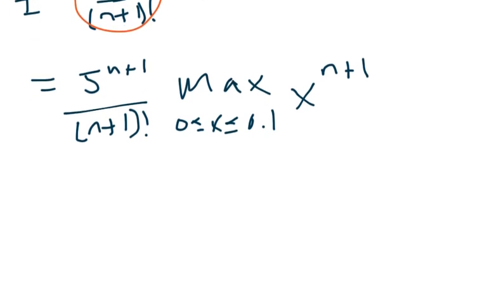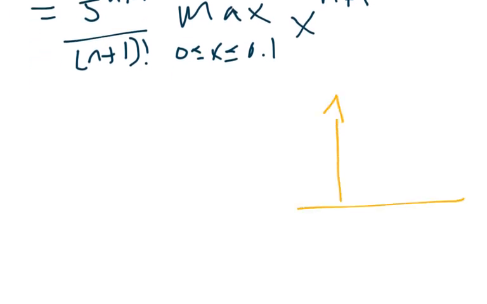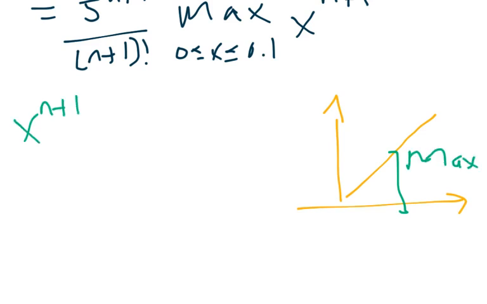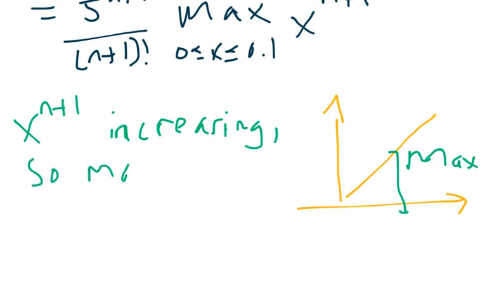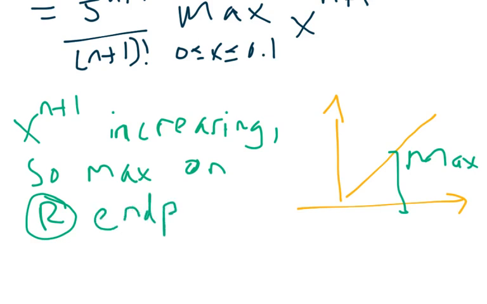Now x is increasing, right? So this is my picture of x. X to the n plus 1, that's increasing. So the maximum is always going to be on the right endpoint, so the largest x value.